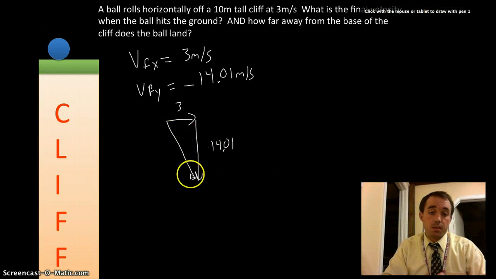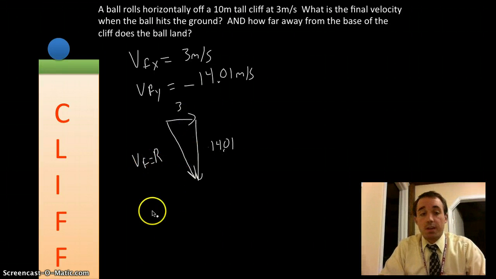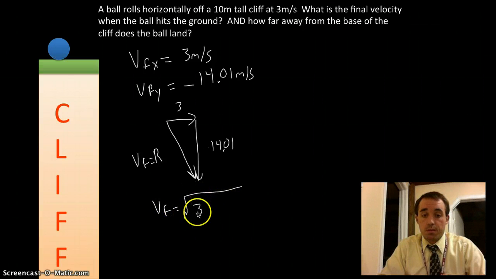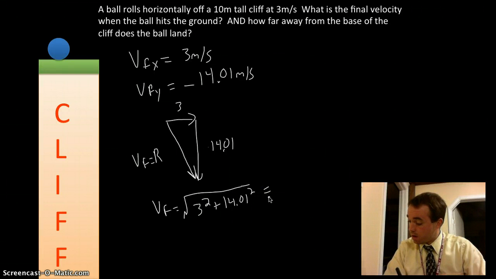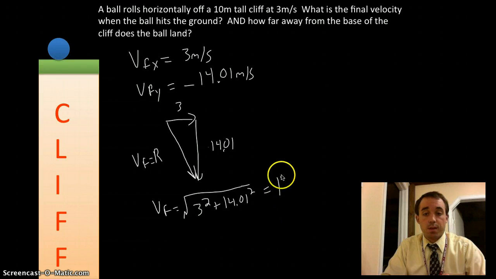And our resultant is this one. That resultant is our V final. Using Pythagorean theorem, V final is the square root of 3 squared plus 14.01 squared. Gives us a V final of 14.33 meters per second.